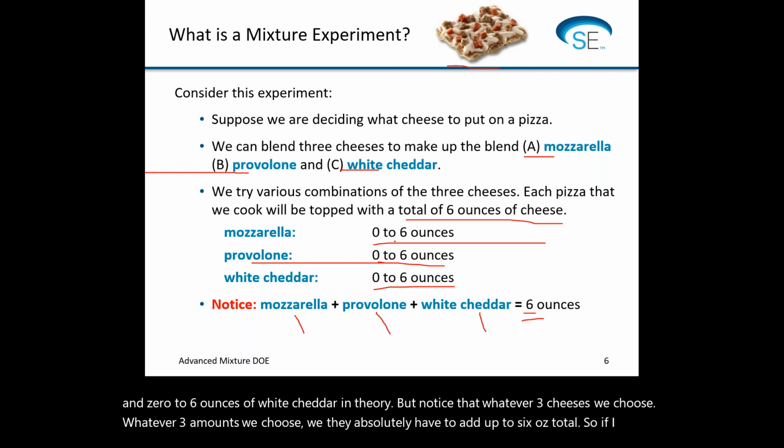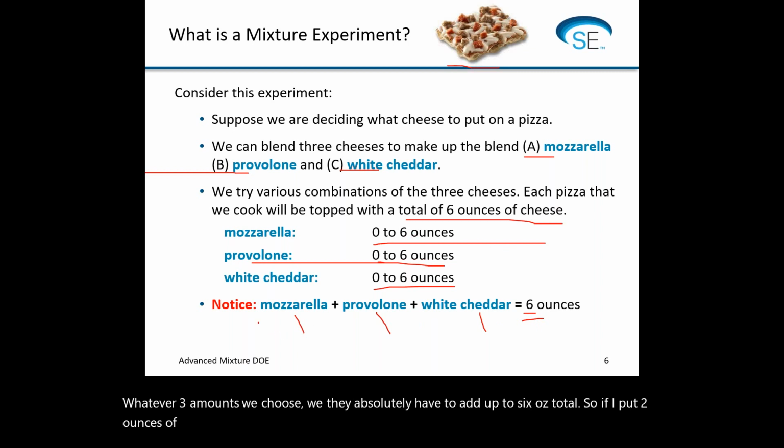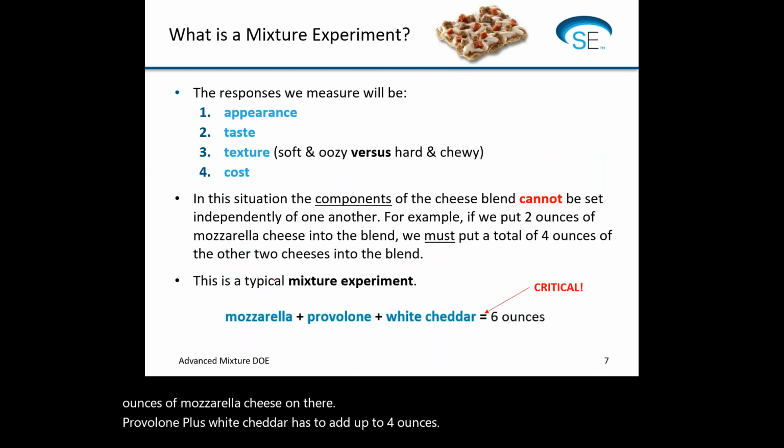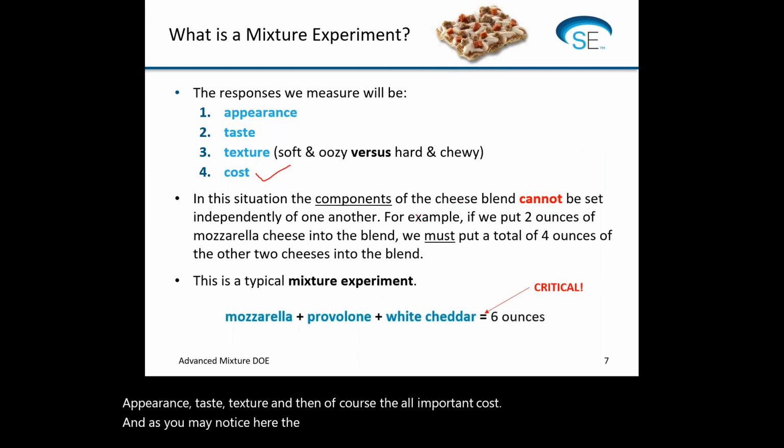So if I put 2 ounces of mozzarella cheese on there, provolone plus white cheddar has to add up to 4 ounces. There are 4 responses: appearance, taste, texture, and then of course the all-important cost. And as you may notice here, the components of the cheese blend cannot be set independently of one another.